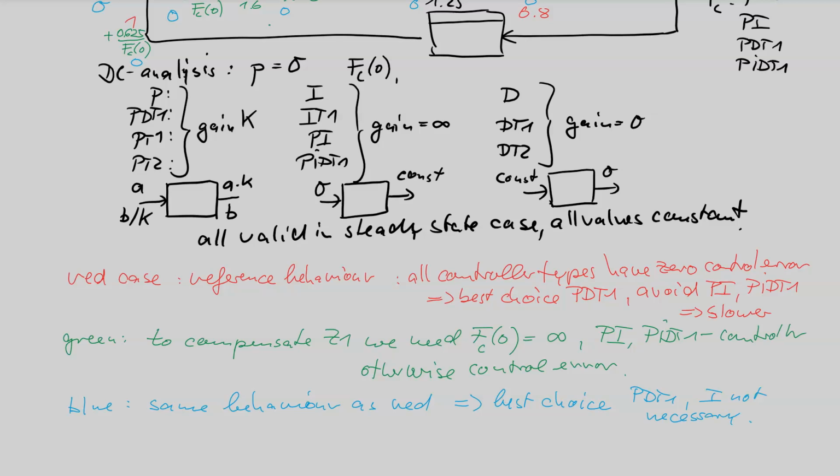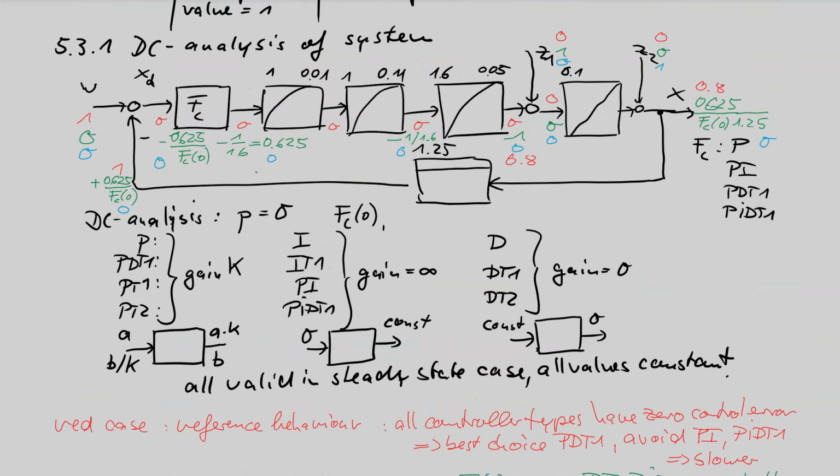Okay, to conclude the situation, this case with integrator in the process, if you have disturbance at the output of the process, or if you have reference behavior, then best choice is P or PD. You don't need a PI or PIDT1.